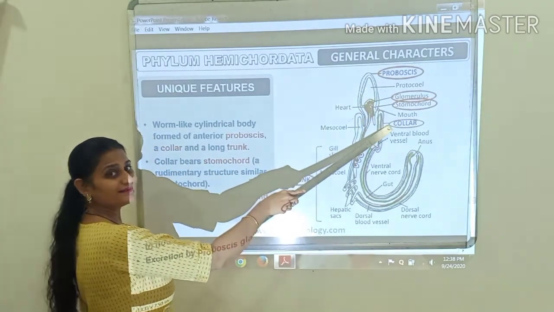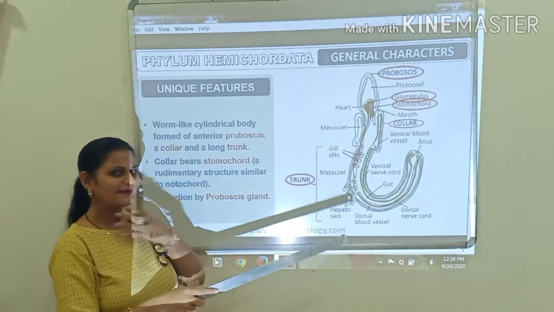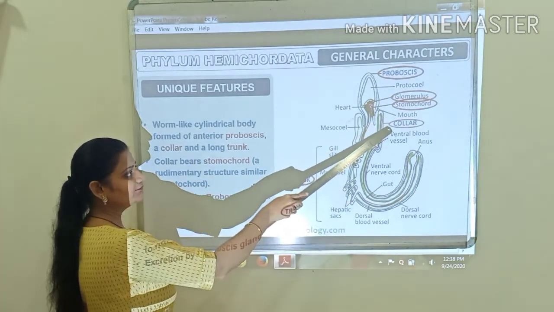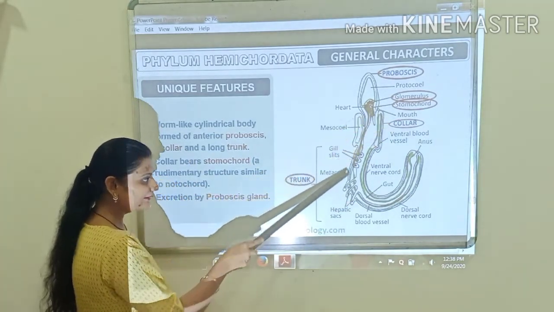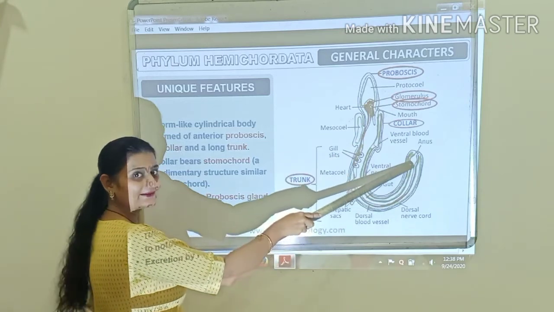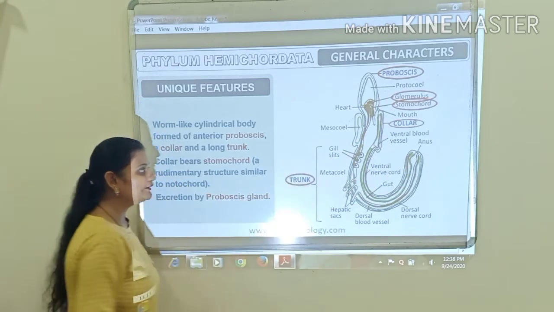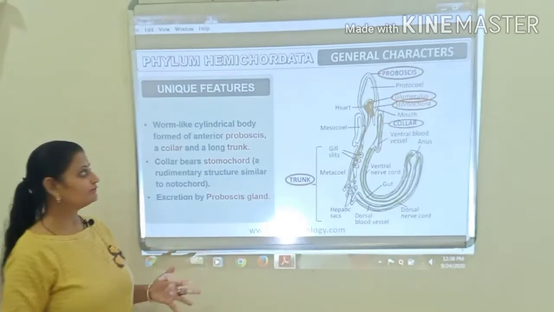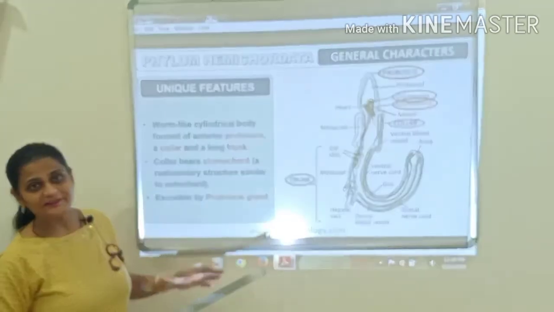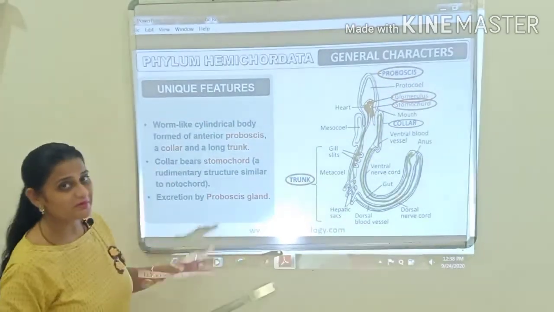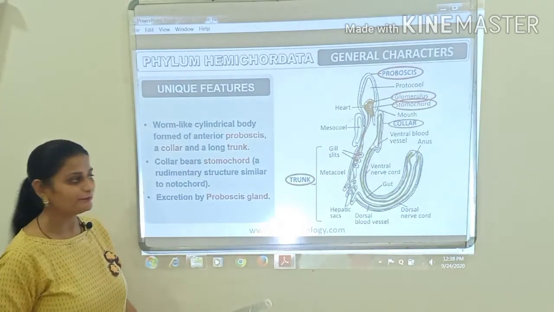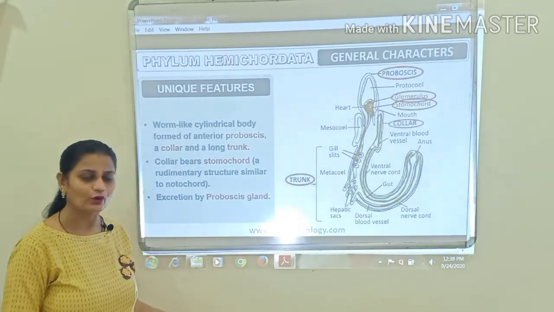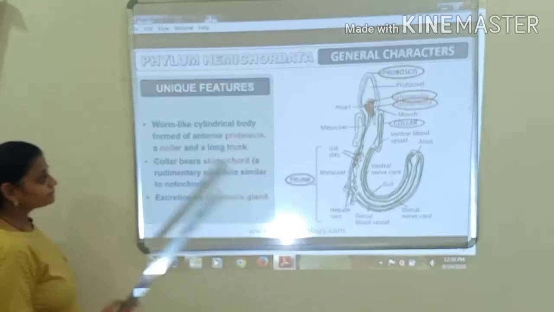Then the middle part is the collar, or you can say the neck part is the collar. And then below that the long trunk is present. Okay, so that are the three parts of the worm-like cylindrical body of the members belonging to phylum Hemichordata, or you can say of hemichordates, right?